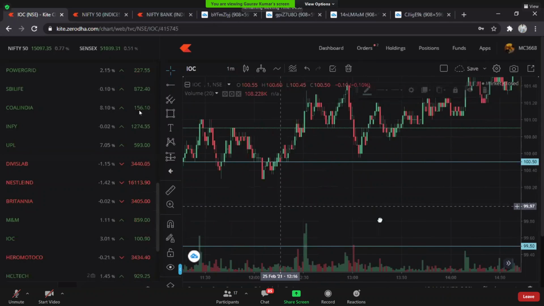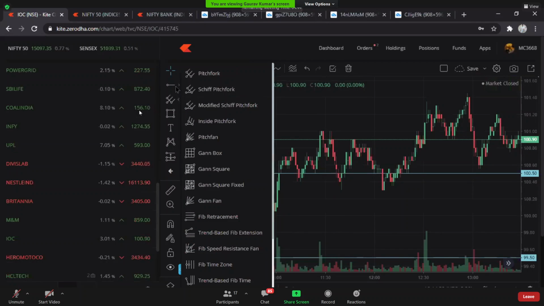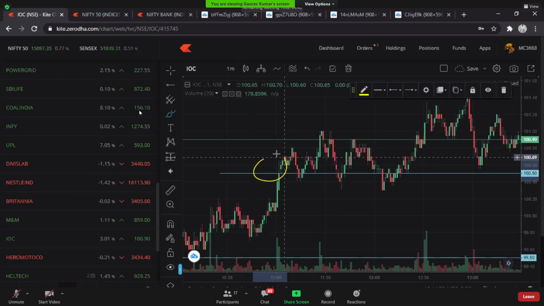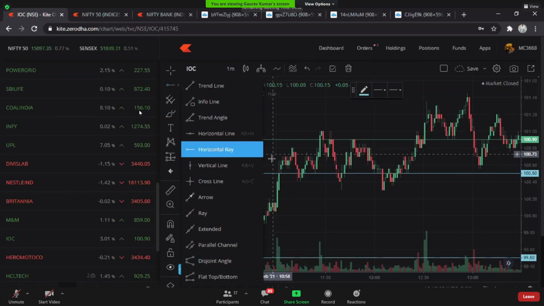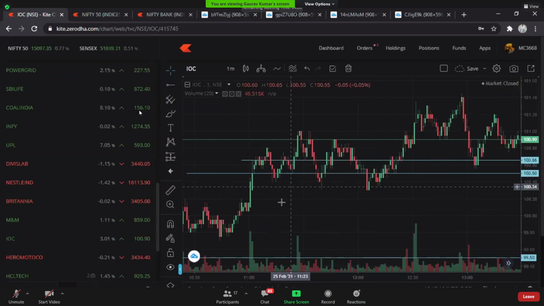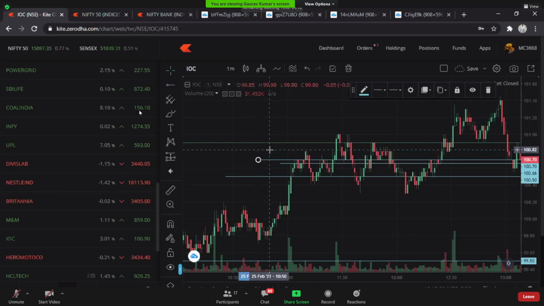So this actually happened: I had this wick rejection. I mean this wick formed at the breakout. So what I did was I shifted my resistance from this point to this point, 100.65. Now I waited for a candle to close above this point, and this was my first candle that closed above it, be it red or green, I don't care.